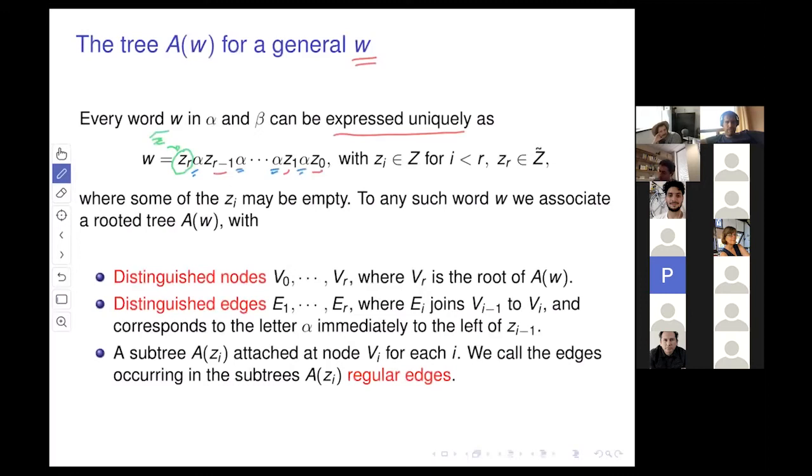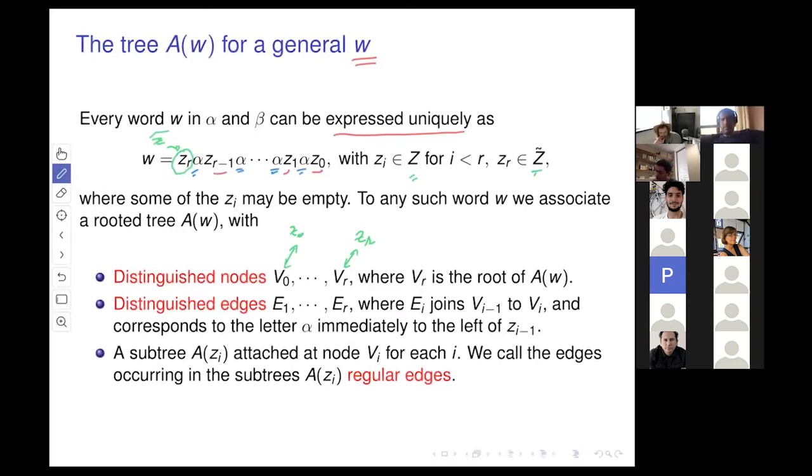Well, you will have, first of all, some distinguished nodes. So each of these nodes corresponds to one of the subwords in Z for the extended monoid of parentheses.